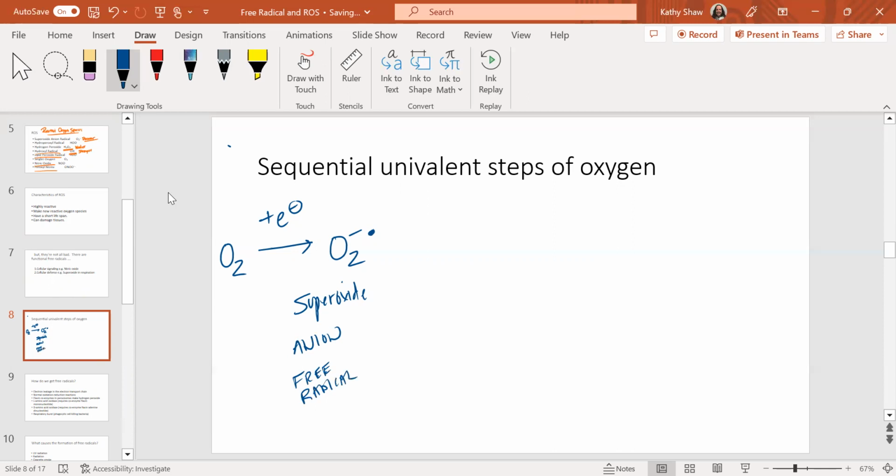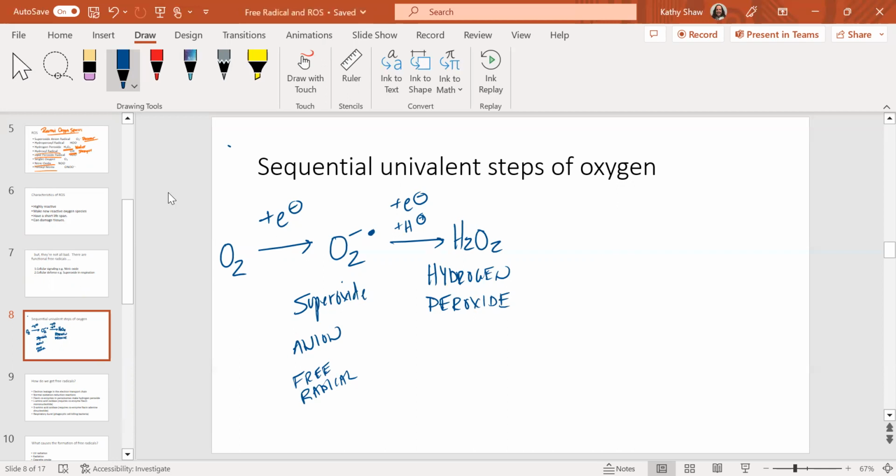Then we have another step in the sequence. We can add another electron, and we get hydrogen peroxide. We're going to talk about the enzymes that do this and the sequence and where you see it a little bit later. But we get hydrogen peroxide in between.